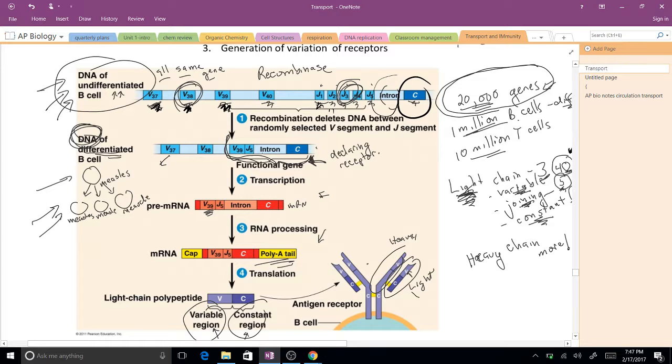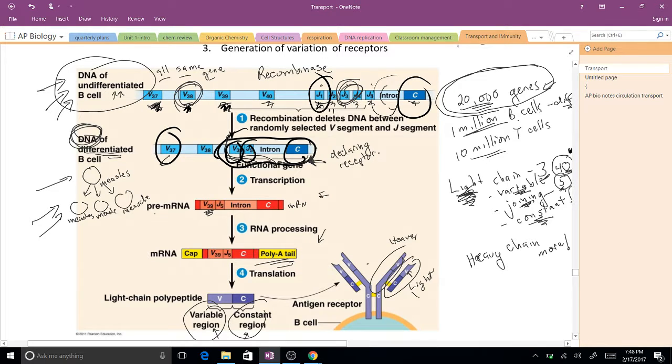So notice now this is the functional gene here. We have a variable region, a joining region, and a constant. If this were a different B cell, maybe you would have gotten this variable region and J1 for the joining. So it really is just a mix and match type of thing.